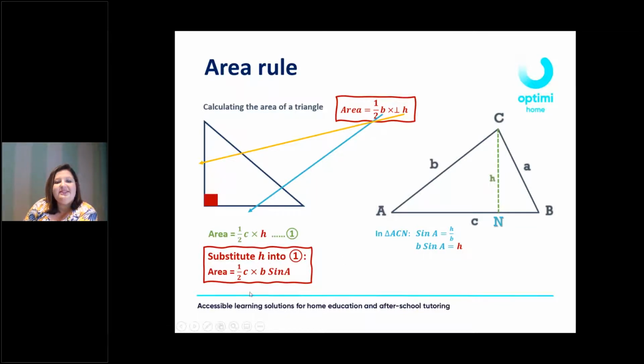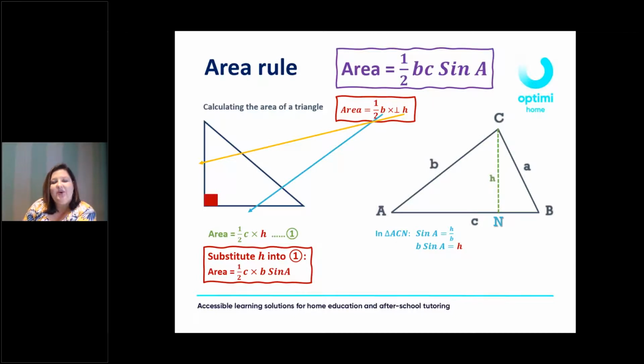H is equal to B sin A, which you can find over there. Right. You now have the formula and the equation that you're going to use to find the area of a non-right angled triangle. You're going to have half BC sin A.